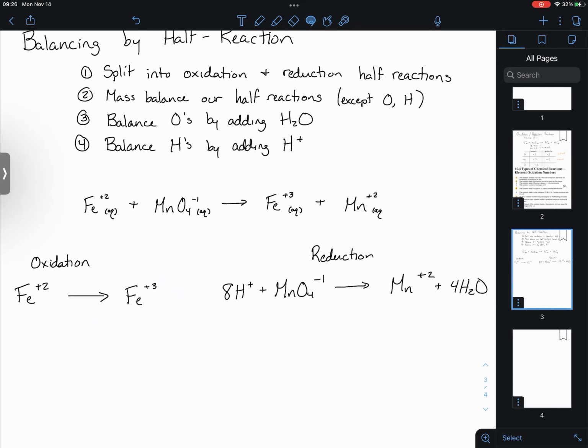Okay. But before I can sum these things back up, the whole goal is to take these 2 half reactions and combine them back together at the end. I need to charge balance.